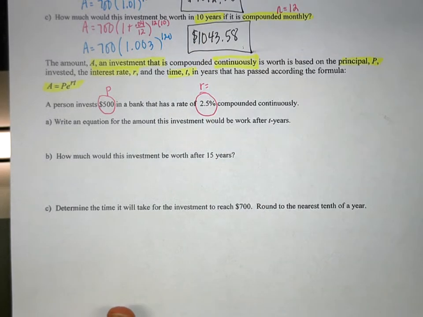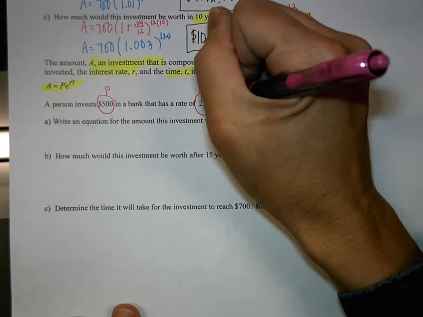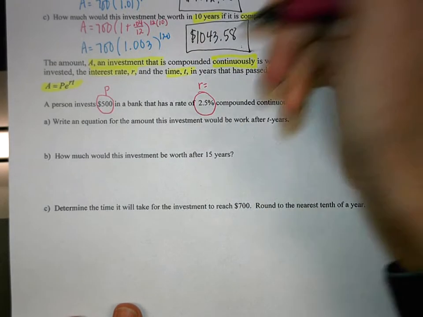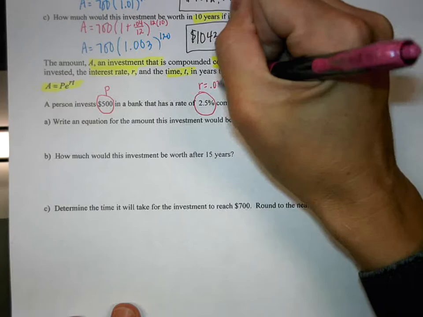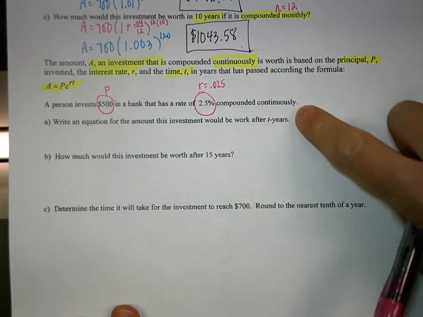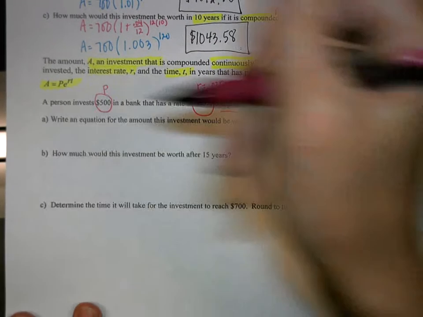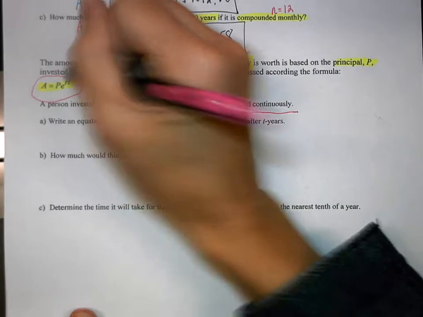R. And how would I actually write R? Very good. We move this decimal 2 places to the left, and that's 0.025 for your rate. And it's compounded continuously. Because we know it's compounded continuously, I need to use this formula right there.